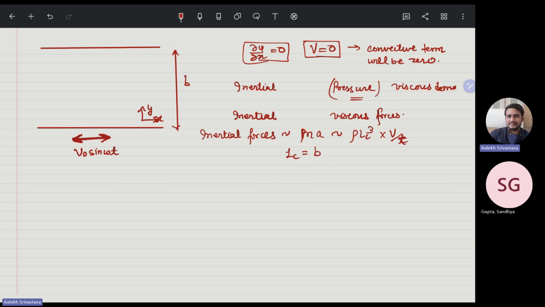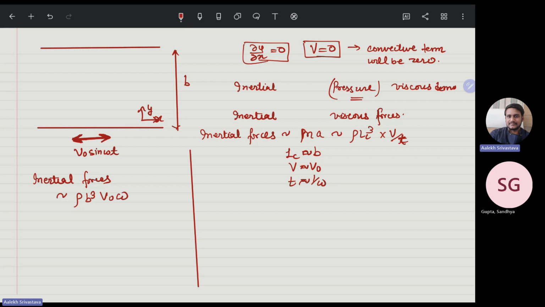LC is equal to b because this is the characteristic dimension, V is equal to v0 and t is equal to 1 by omega. B is the order of magnitude of B, V is the order of magnitude of V0, and T is 1 by omega. Therefore, inertial force is rho B cube, V0 into omega.